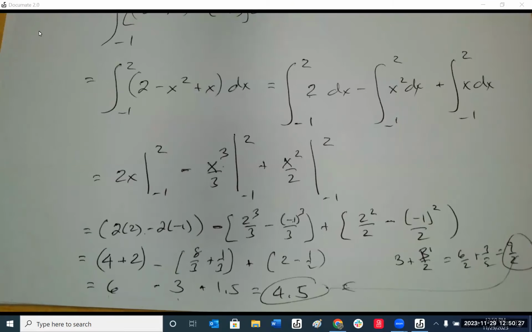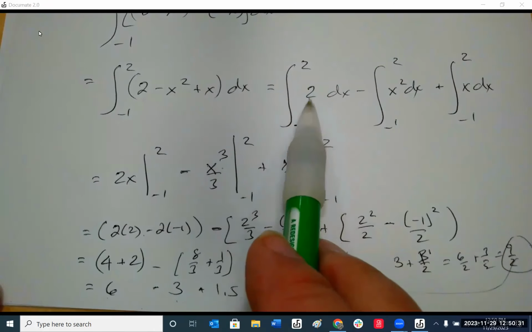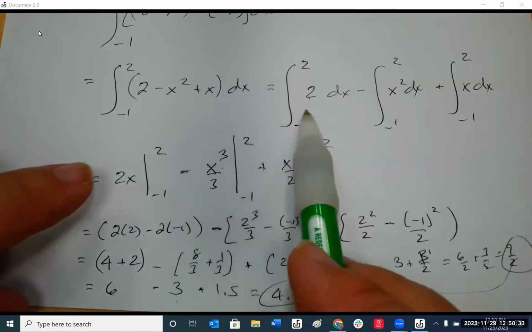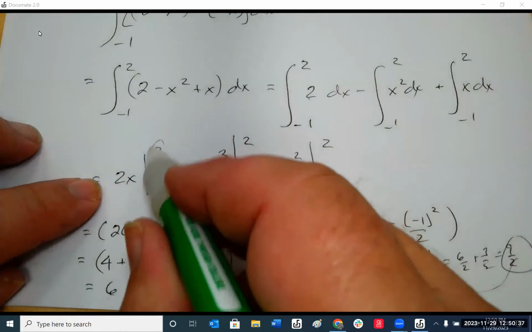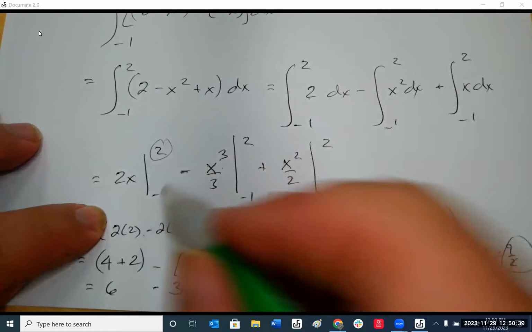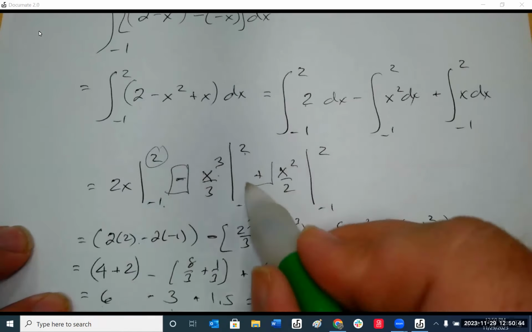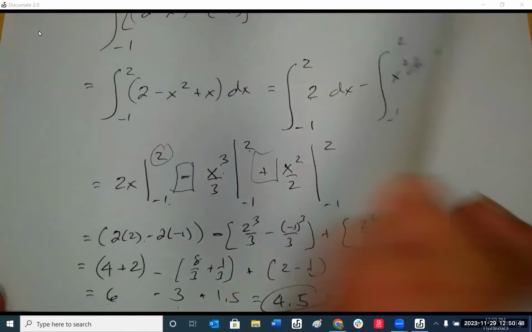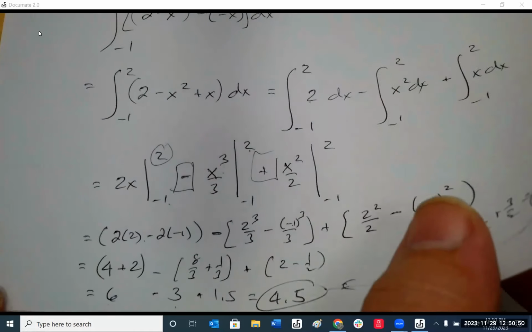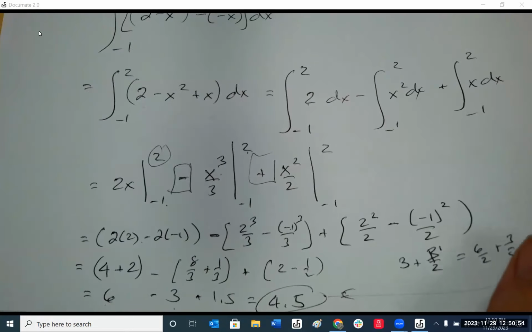The hardest part is, once you get to this part, when you integrate each one of these separately, it's the bigger number minus the smaller number, and whatever these signs are stays there. Once you break it down into those 3 integrals, it really makes it look a lot easier, in my opinion.